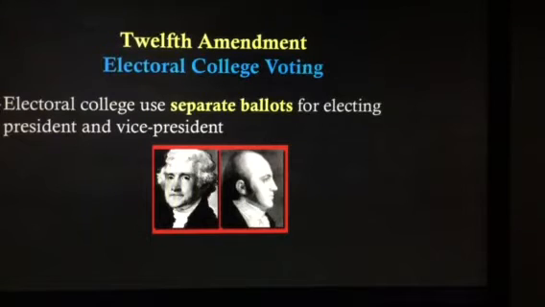However, once the political parties developed and candidates ran under a party, then it was quite awkward if the runner-up of one party in the electoral voting would be the vice president to the president of the other party.